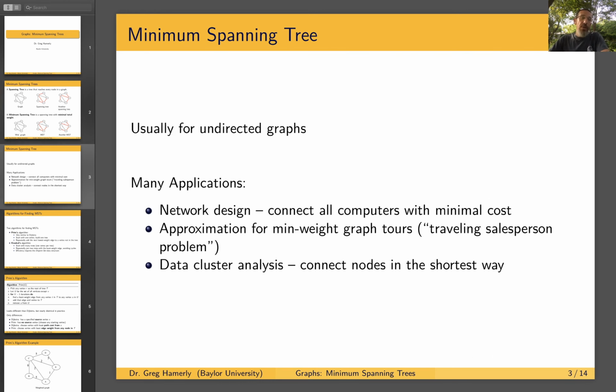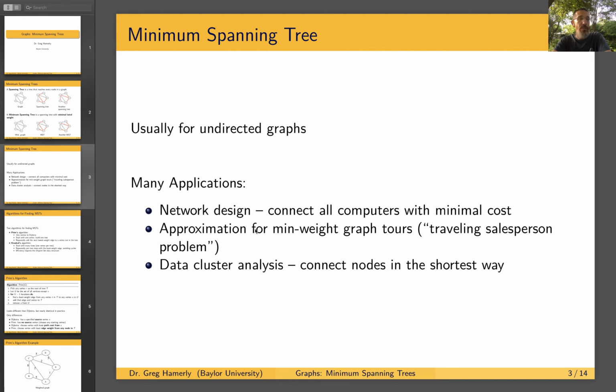Minimum spanning trees, or MSTs, are usually for undirected graphs, and they have a lot of applications, a lot of applications in network design. So if you wanted to connect a whole bunch of computers and you had a lot of options for how you could connect them, but you want to make sure that they can all talk to each other, the least you have to do is a spanning tree, right?